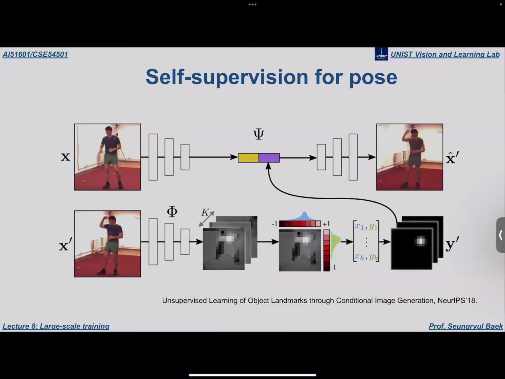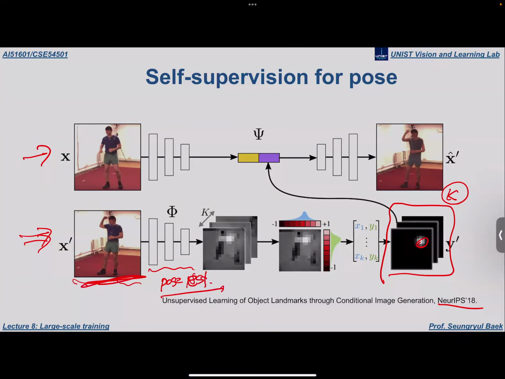Okay. And this is a new paper published in NIPS 18. It is for predicting landmarks of the human body or face or any other objects. There are two streams, this is the first and this is the second. In the second stream, they have a network that can predict K landmark spatial locations. This is the normal pose estimation network.